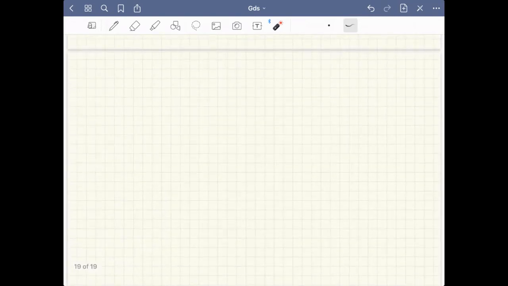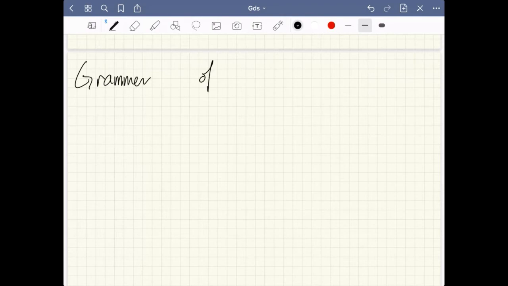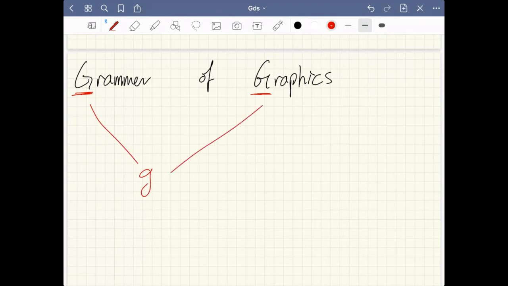So to get started, it's important to recognize what Hadley means by GG, which is the grammar of graphics. And that's why it's called ggplot.